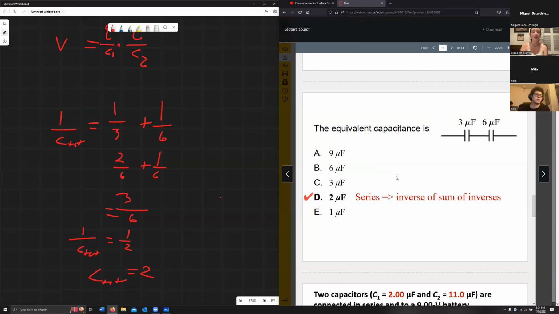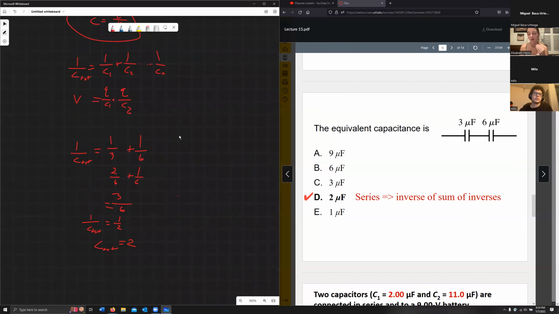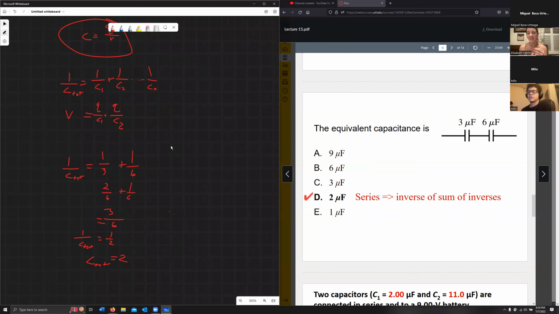Okay, so capacitance, you have series, which is inverse, and then parallel, which is total. And then for resistance, it's opposite. I think I'll remember that. I might have to ask my interpreters for help on the exam. I'm gonna be like, hey, do you remember this?